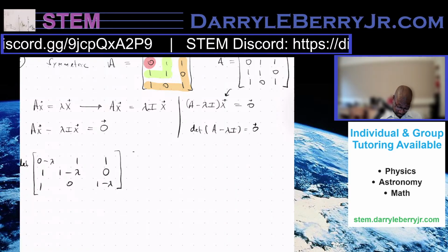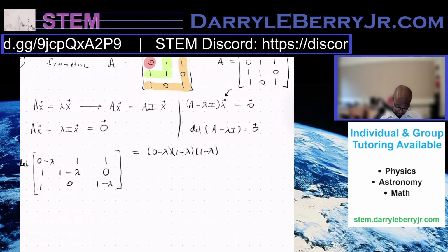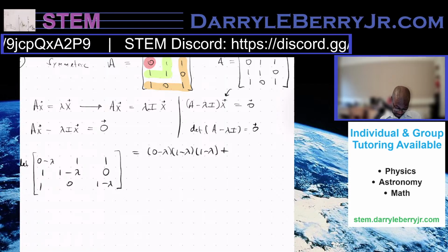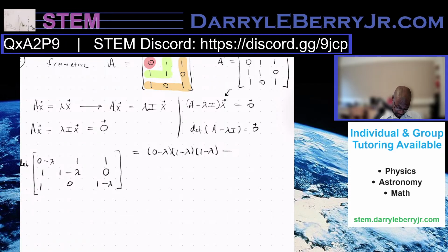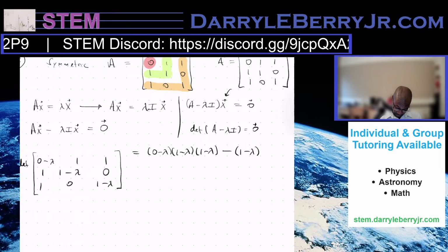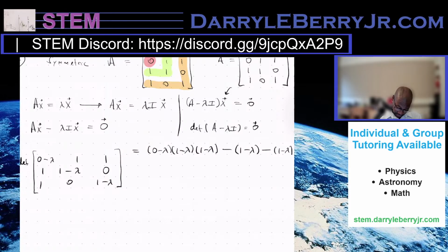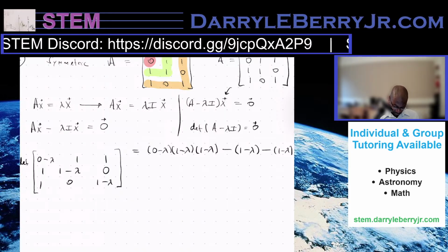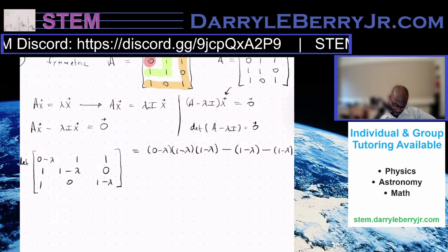So that equals (0 minus lambda)(1 minus lambda)(1 minus lambda) plus 0, plus 0, minus (1 minus lambda), minus (1 minus lambda), and minus 0. And I'm just checking the math on this.